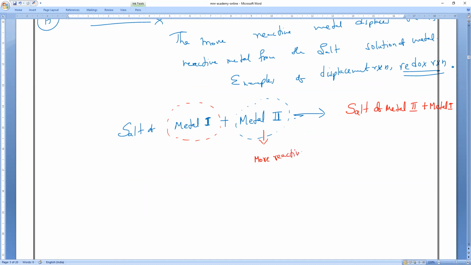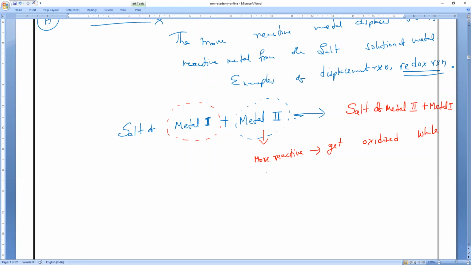The more reactive metal will get oxidized or reduced, guys? It will give the electrons to metal 1 and it will come outside. So it will get oxidized. While the less reactive metal gets what?